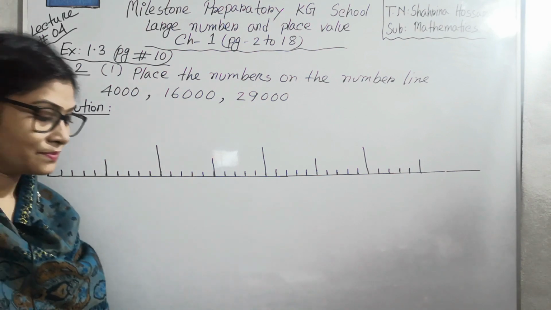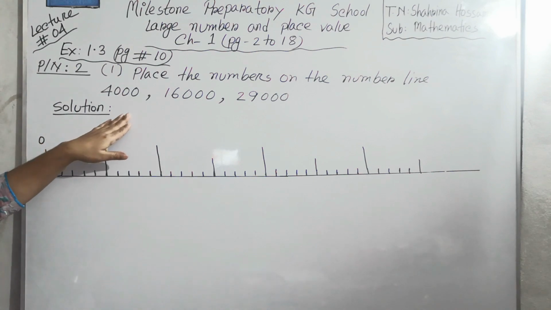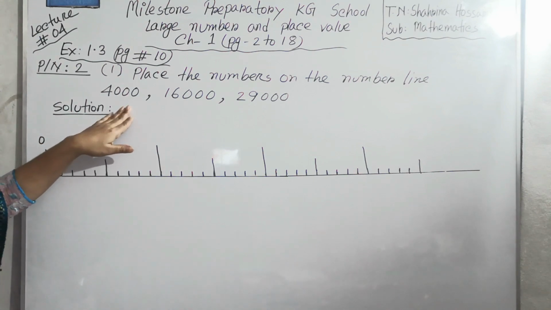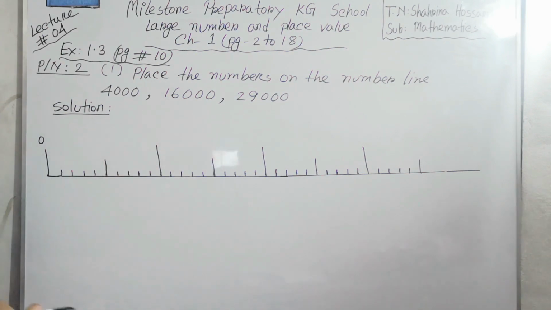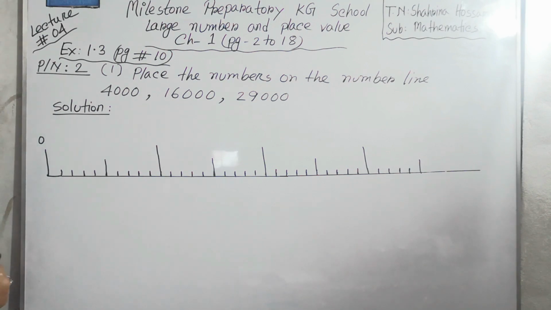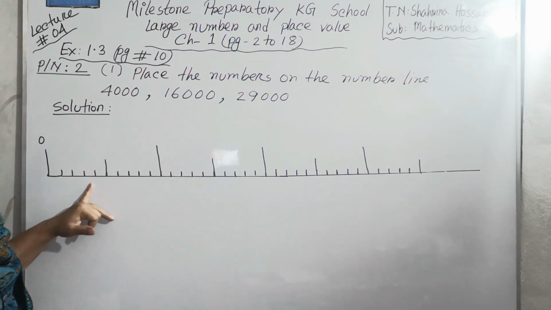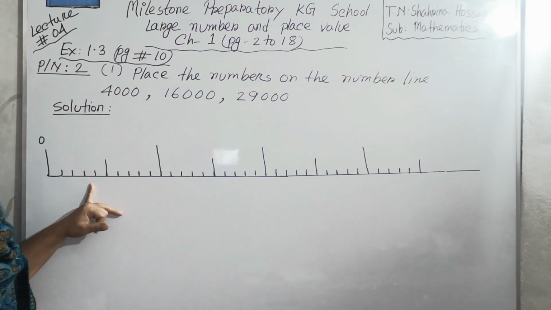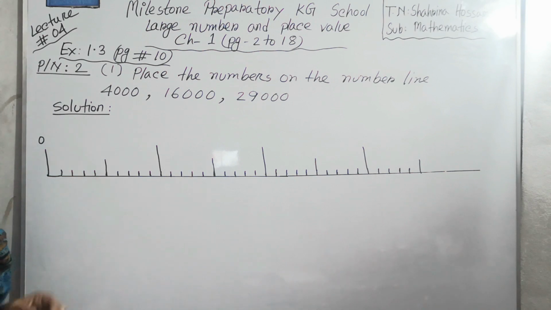Now let's come. They already gave us some numbers here, 4,000, 16,000 and 29,000. So how can I put these numbers here? I already told you all gaps are equal. Whatever gap I am giving, I keep all the gaps equal. 1 inch gap here.